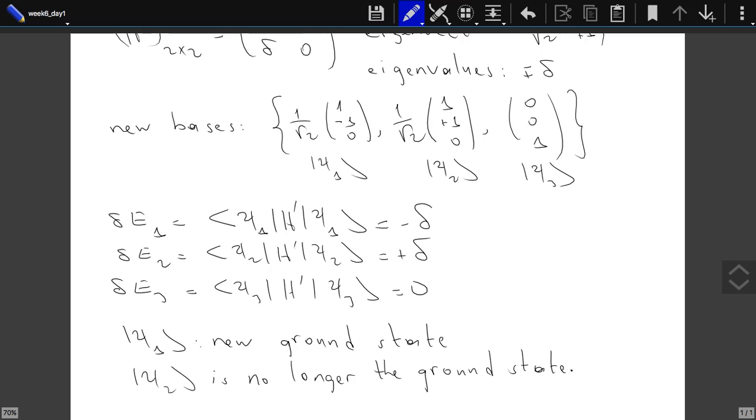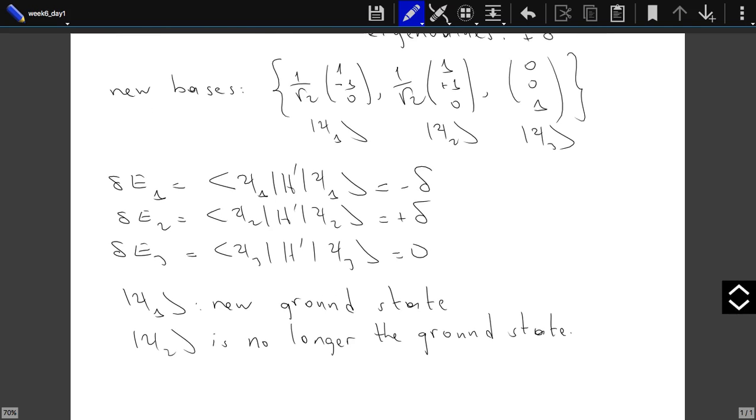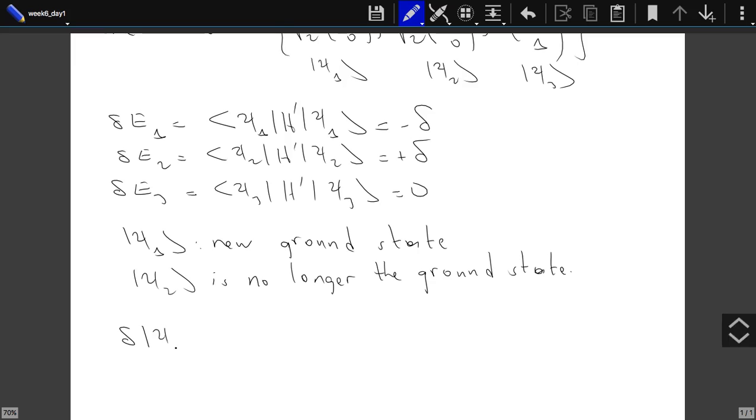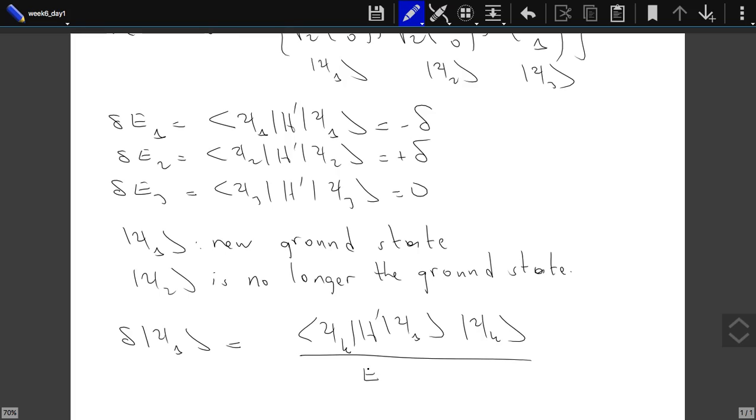And then, of course, once you identify the new ground state, what should be the correction to the ground state? So, the correction to the psi 1, the first order correction, would be just psi 1, H prime, psi 3. That is the only state that it can couple to. Well, this is the general expression: sum over k different than 1 of psi k, H prime, psi 1 divided by E1 minus E k.